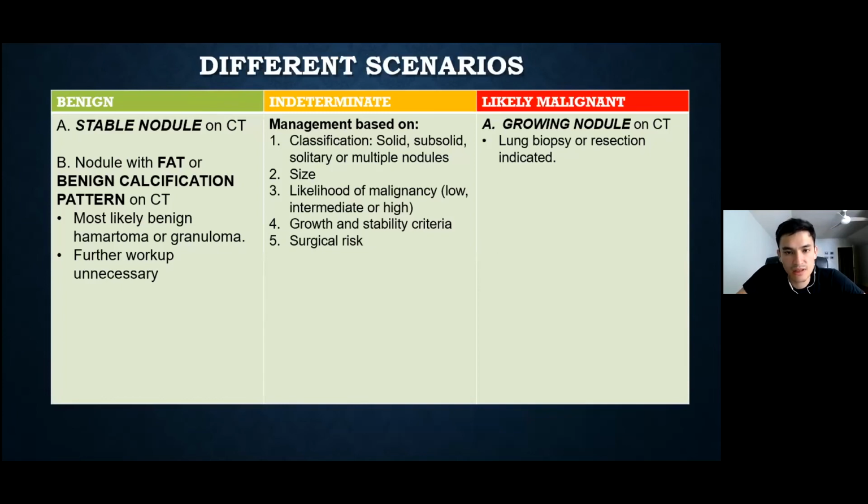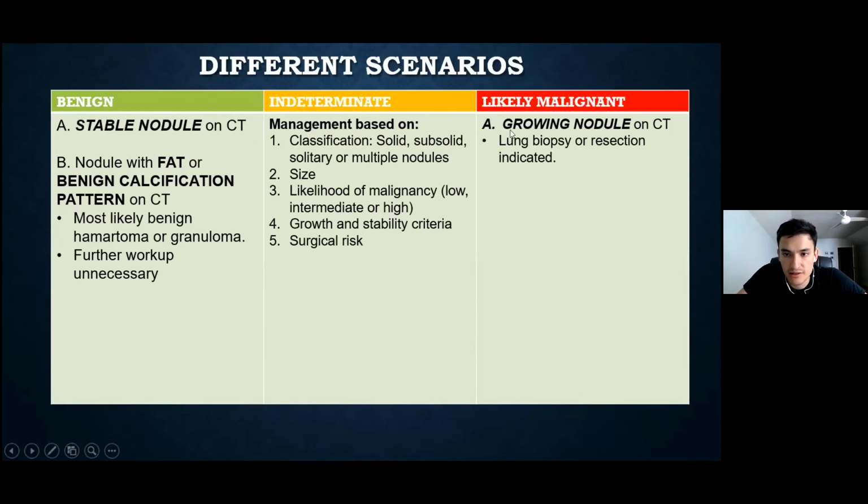So there are different scenarios. A scenario that clearly depicts a benign etiology is if the nodule meets criteria for stability on CT, or if the nodule has fat or benign calcification on CT, as I already discussed. In those cases, further workup is unnecessary and it is considered benign.